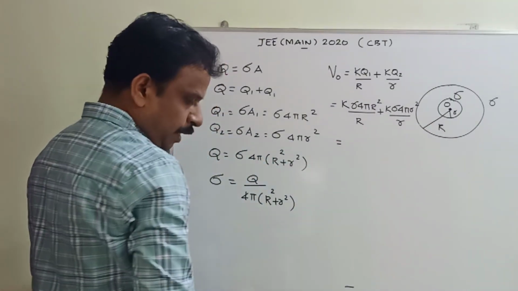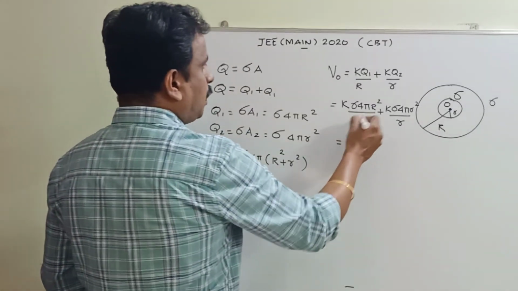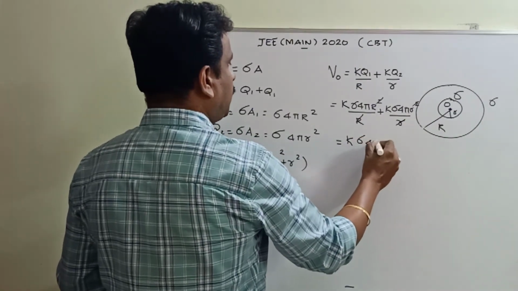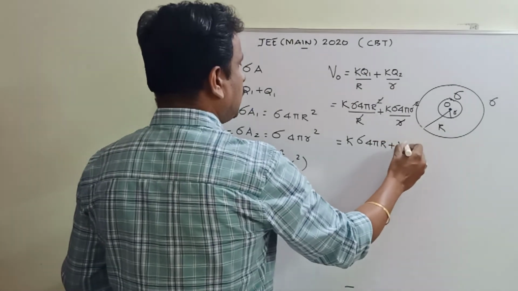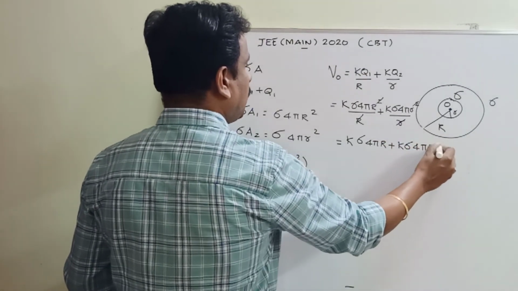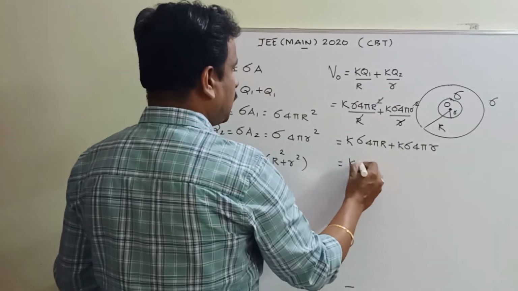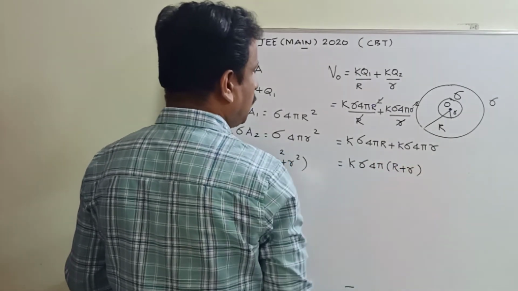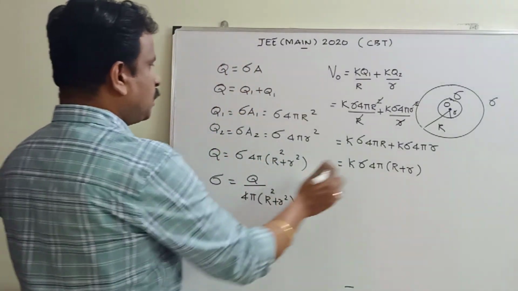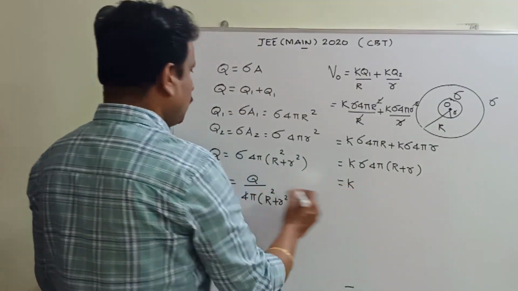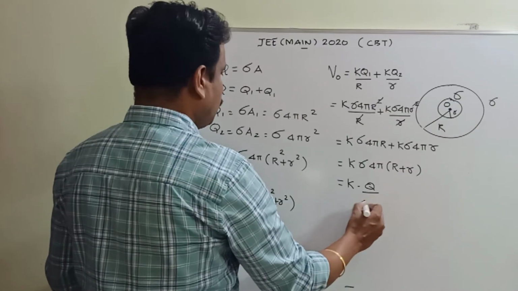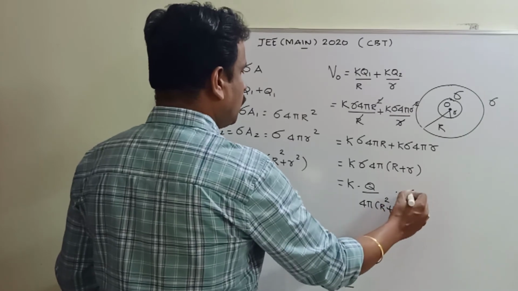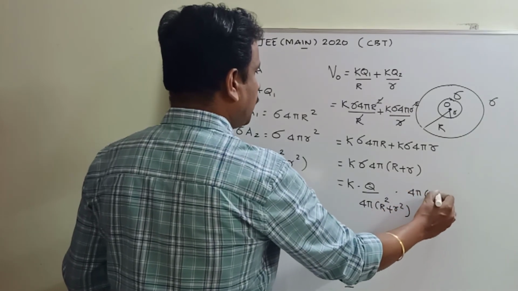Okay. So you can write it as, one R cancels, this also cancels. So k sigma 4 pi into capital R plus k sigma 4 pi into small r. So the common term is taken out. k sigma 4 pi is taken out into R plus r. This is your potential, and you can substitute the sigma here. So k into your sigma value, q divided by 4 pi into R square plus r square, into 4 pi into capital R plus small r.